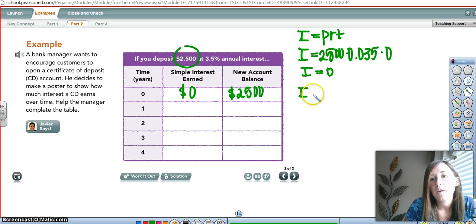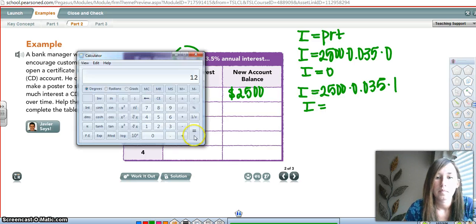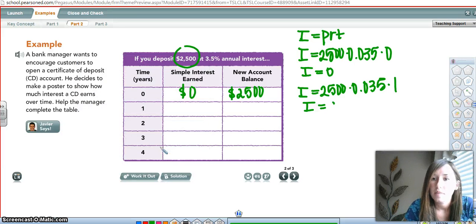If we did 1 year, we have our principal, our rate for 1 year, we don't really need to multiply by 1 because it's not going to do anything. 87.50.